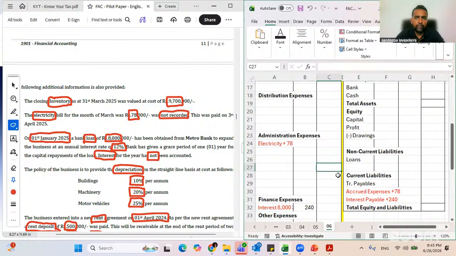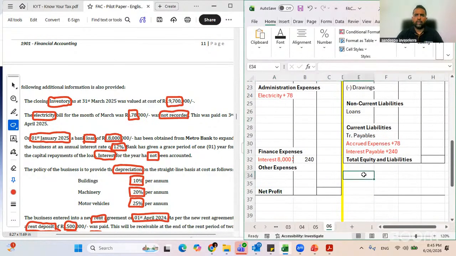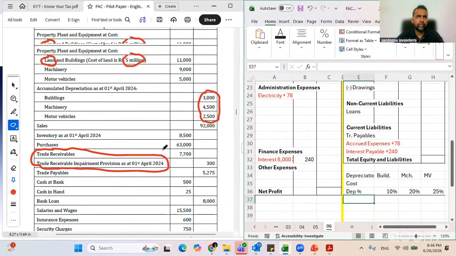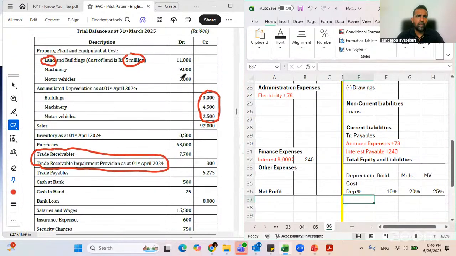Okay. Right. Then the next working is on depreciation. We'll do a working for the building and the machinery and the motor vehicle. How much is the cost? Multiplied by the depreciation percentages. Building is at 10%, 20% and 25%. We'll put the cost. Land and building 11,000.